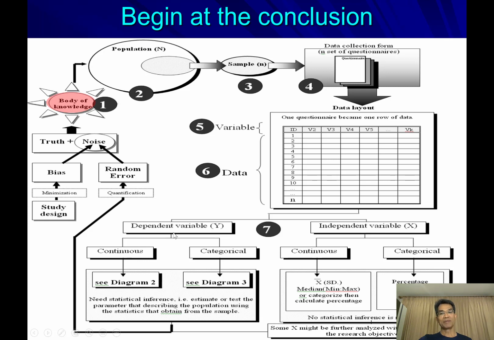If, for example, it is a continuous outcome, like birth weight or the weight, we will have some guideline for which statistical method to go for. If the outcome is categorical, like cured or not cured, dead or alive, we go for a different guideline for statistical method.